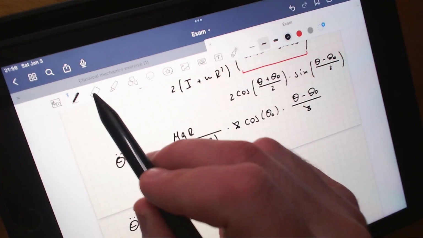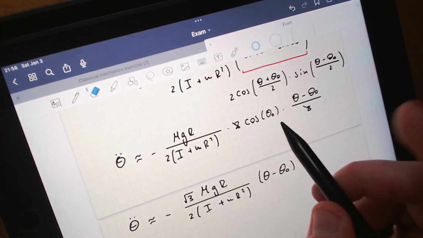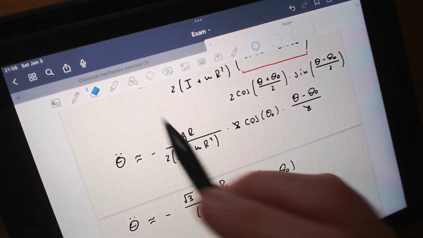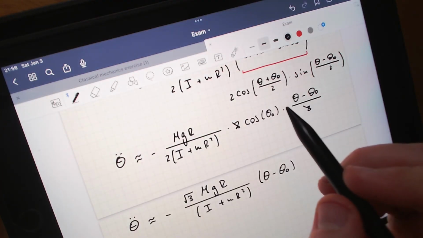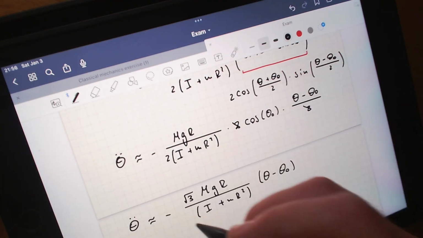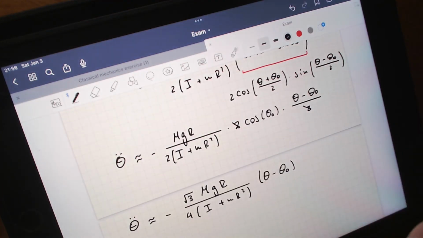Okay, so this is the final result. Let's realize that cosine of theta 0 is actually 3 under square root over 4 over 2, so here we end up with 4.